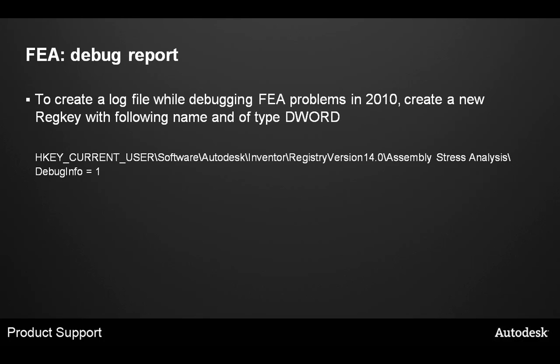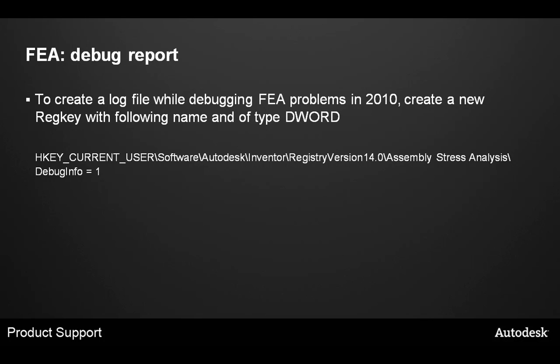Another tip and trick that I want to give you is in the area of FEA. There is possibility to create a debug report when you want to examine certain problems with FEA's calculation. In order to do that, you simply go into the registry and create a reg key with the following name.